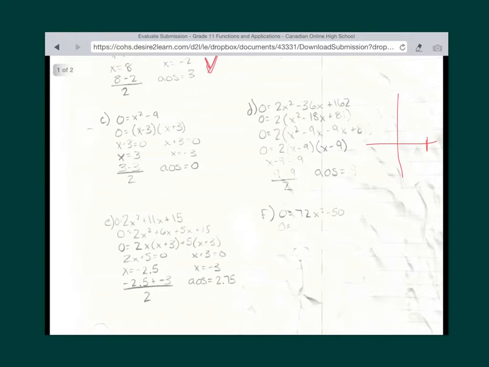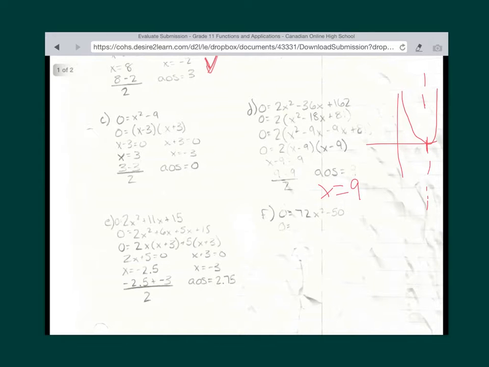And so at x equals 9, your parabola looks like this. So it means that your axis of symmetry also goes through that point. And so x equals 9 is the equation of your axis of symmetry, as well as the only root for that equation. Okay?